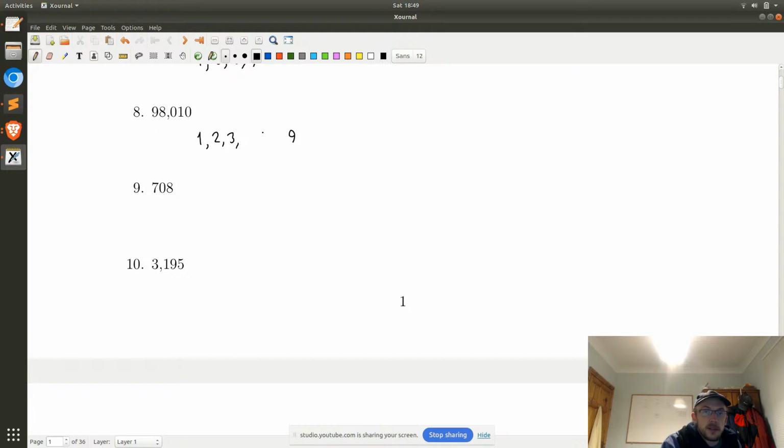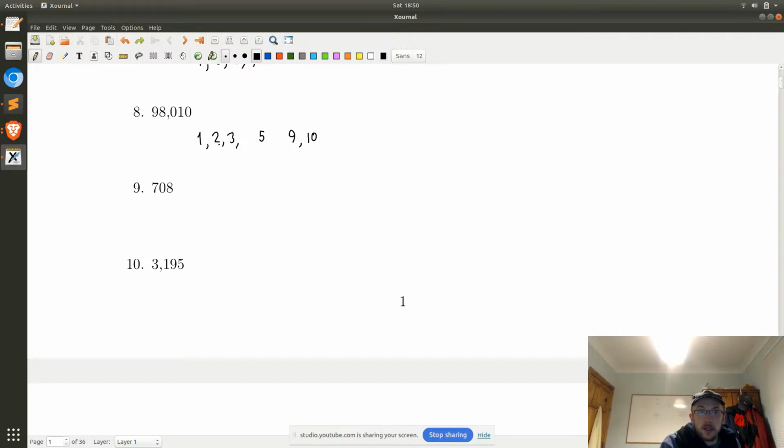5 also goes into it, and so does 10. Now what about 4? Well, the final 2 digits are not on the 4 times table, so no. What about 8? Last 3 digits are not on the 8 times table, so no. What about 6?